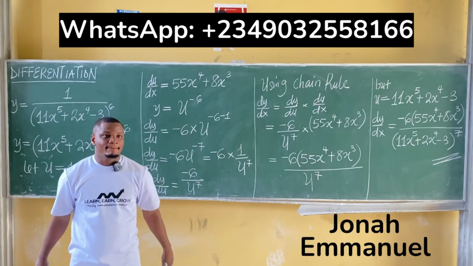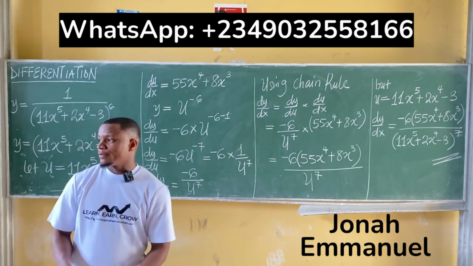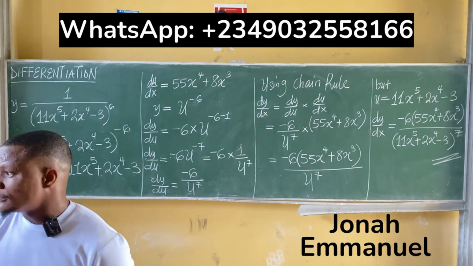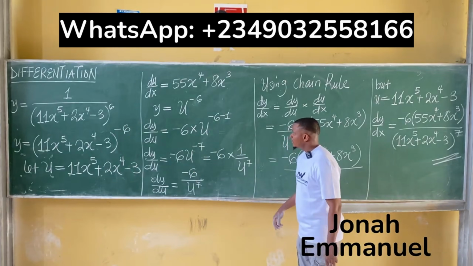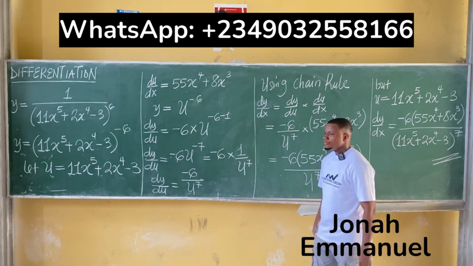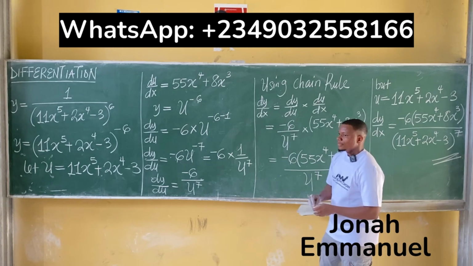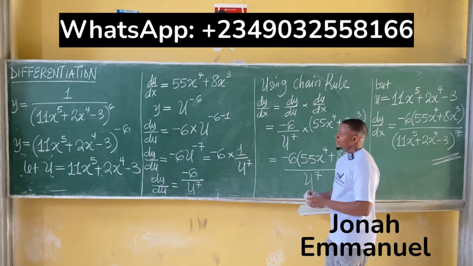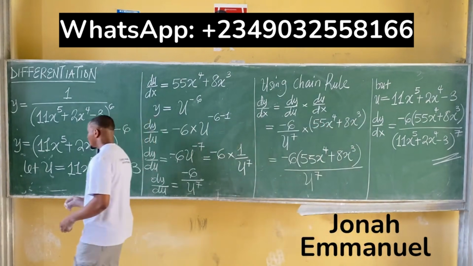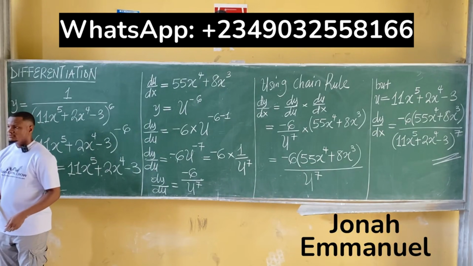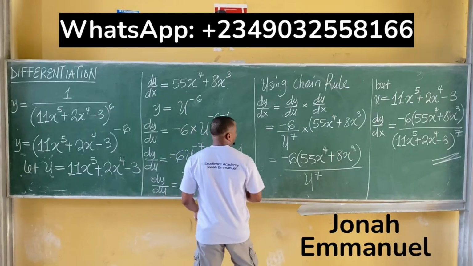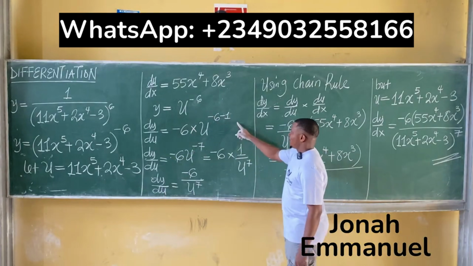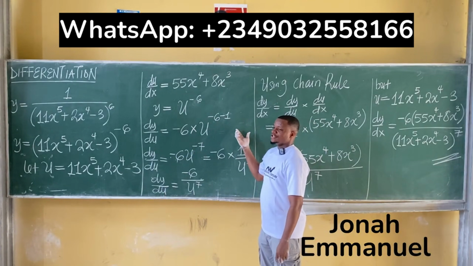Any question, please? Yes, please. Like which of them? Yes, you can. So like this, the one that had u to power 1 over 2. Can you leave u to power 1 over 2?